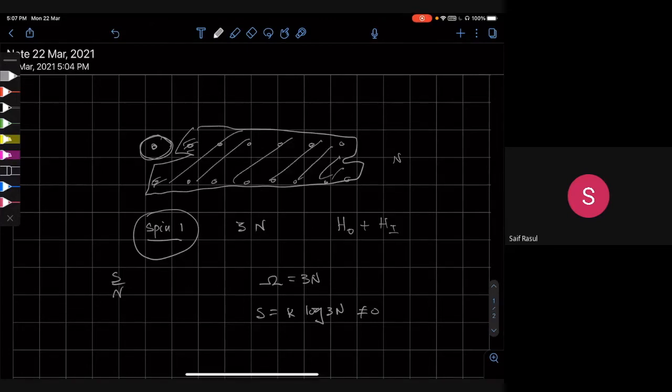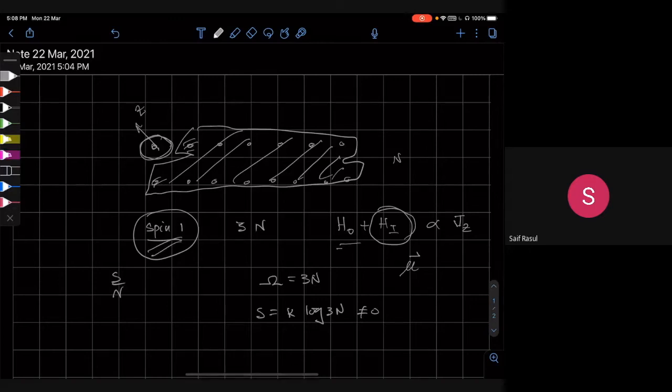What will happen is that we will get an interaction term which is a vector, and it'll choose out a direction in space. Suppose we call it the z direction. Then the interaction Hamiltonian will have the z component of the spin one.